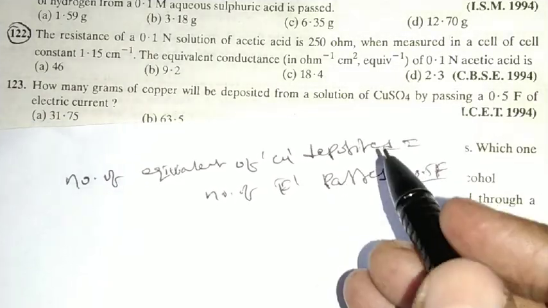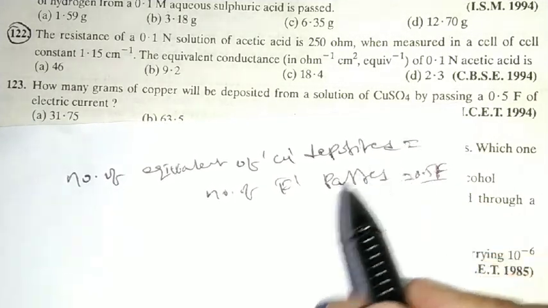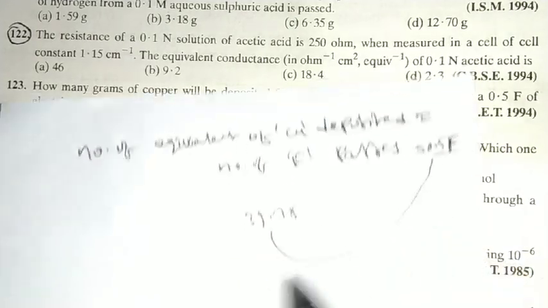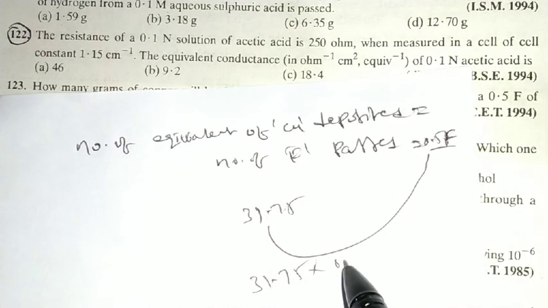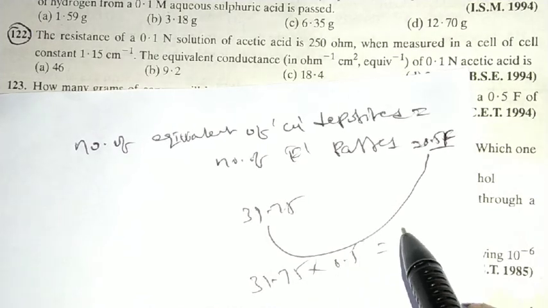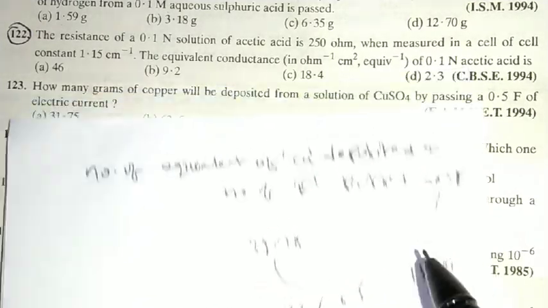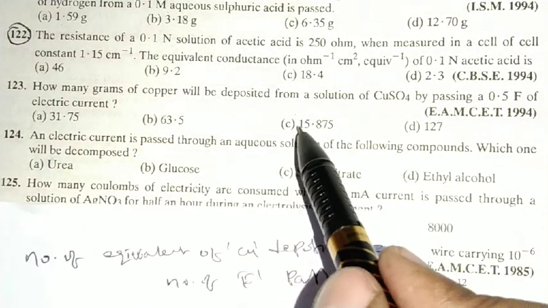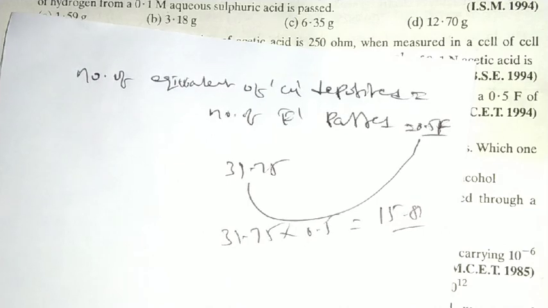Then for the number of equivalents, what is the equivalent weight of copper here? 31.75. So we multiply these two, 31.75 into 0.5, and we get nearly 15.87. So option C. Is it clear? So it is direct substitution.